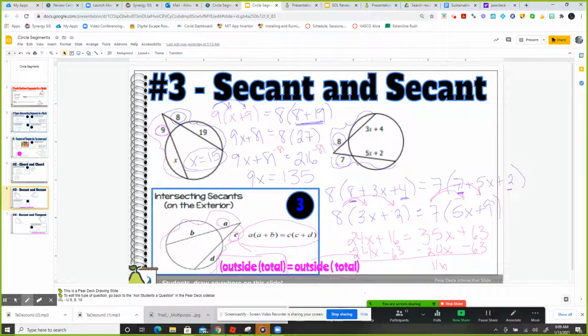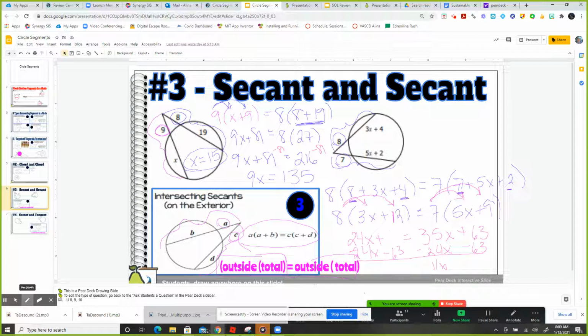Ooh, did I do something crazy? Why am I getting a negative number? Oh, I know what I did wrong. Do you know what I did wrong? Ah, that's exactly where I went wrong. Because I can't read my own handwriting. That's a 12, not a 2, isn't it?